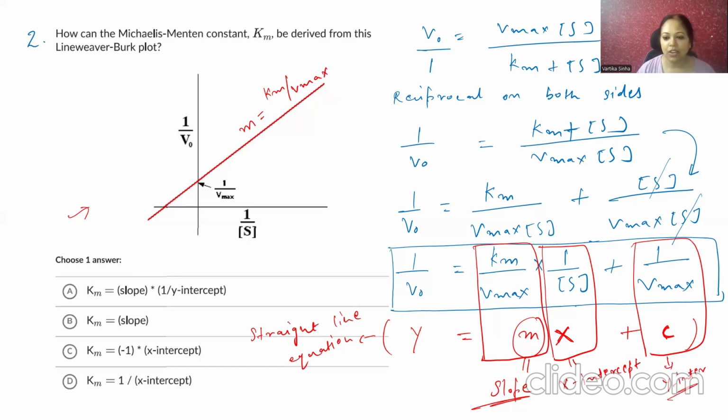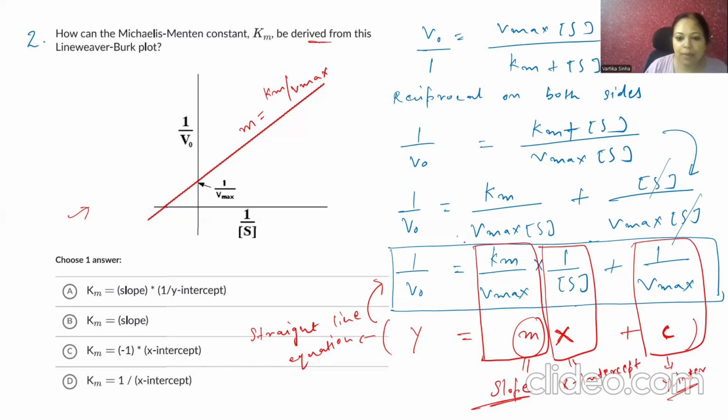So to solve this kind of question, you need to understand the straight line equation, the meaning of every term in this equation, and which values of the straight line equation correspond to which values of the Lineweaver-Burk equation. Keeping all these things in mind, we now need to derive the value of Km, right?